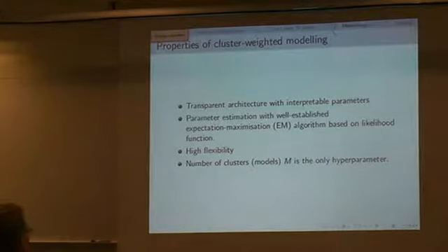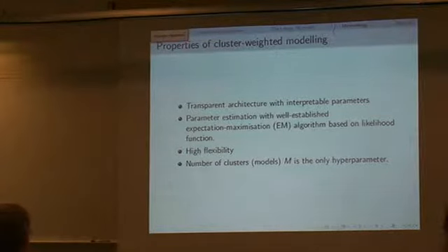There are some generic properties of cluster-weighted modeling. It has a transparent architecture with interpretable parameters. So you can put an insightful meaning on the parameters. It's different from a neural network, which is very much a black box. You cannot interpret parameters of a neural network. And this is quite transparent.